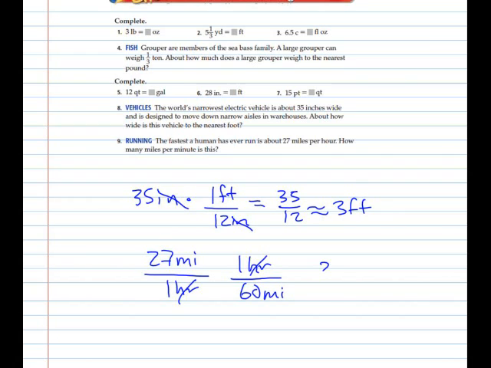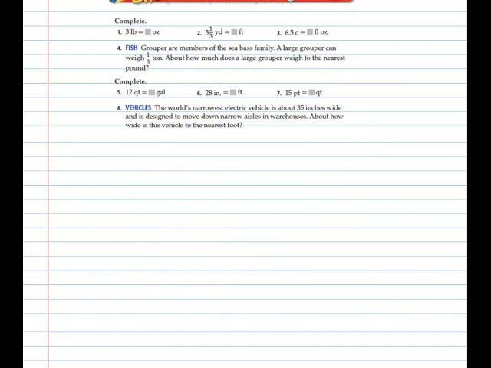Divide out the common units, which gives me 27 over 60, which would simplify to 9 over 20. 9 divided by 20 is about 45 hundredths, or 1/2 mile per minute.